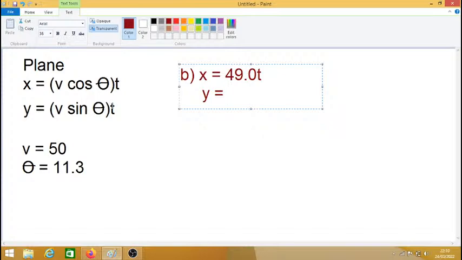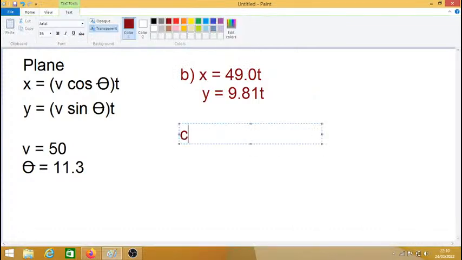If you substitute that in, it works out on your calculator as 9.81 t. So today's question is part C, and the question is, at t equals 10, after 10 seconds, how high has the plane climbed? What is the vertical height?